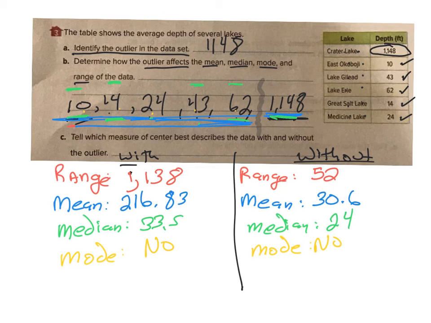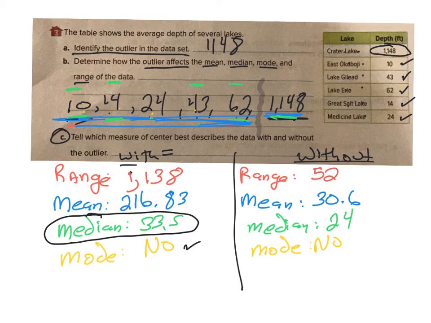Okay, so now we'll go to C. Tell which measure of center best describes the data with and without the outlier. Now, I would say with the outlier, the best one is the median.